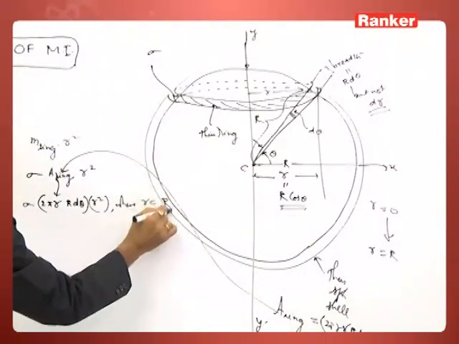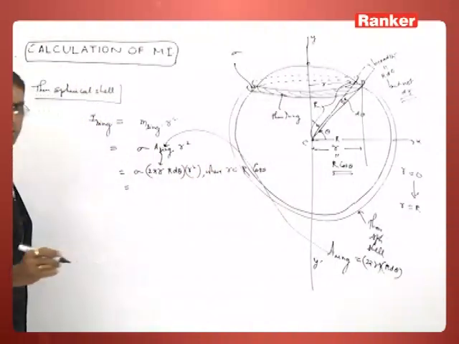So, radius of the ring is equal to radius of the sphere into cos theta.